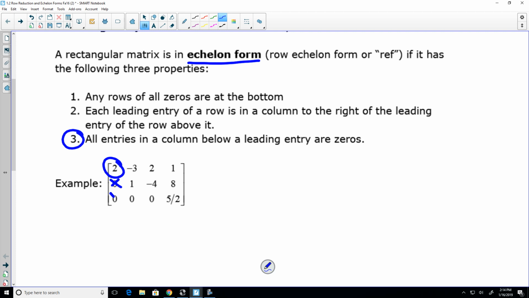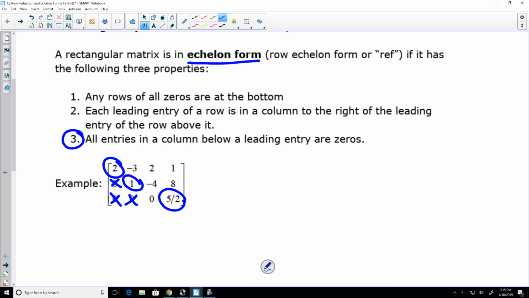Every other entry below it in the same column has to be 0. I have a leading entry here. Every entry in that column below that leading entry has to be a 0, so right there. And then this guy doesn't have anything below it, so it doesn't matter for that one.